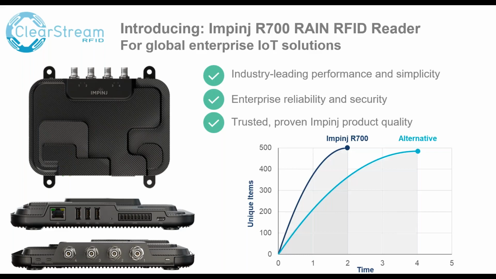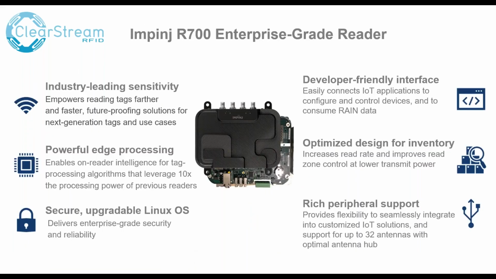Okay, next slide, please. So some of the other key features that I want to quickly highlight here are currently already mentioned. So highest sensitivity, power edge processing. So again, it's a purely edge device. It doesn't really require any host system to be connected.